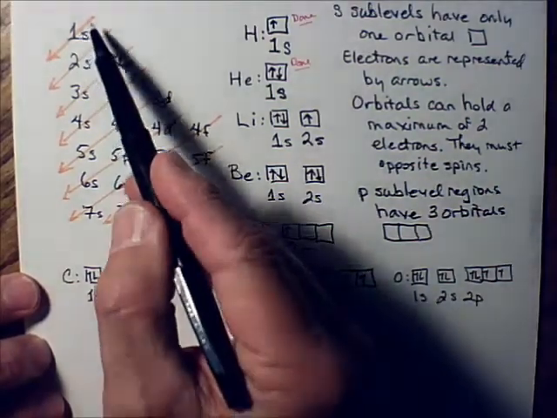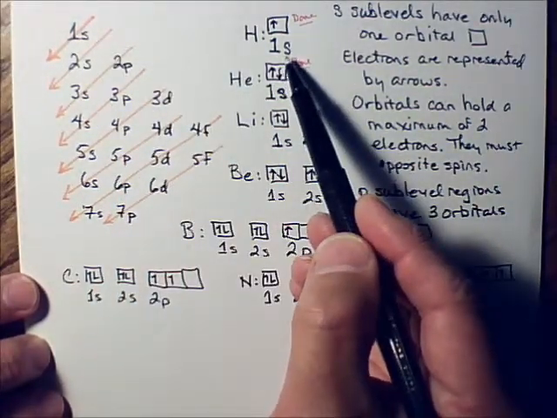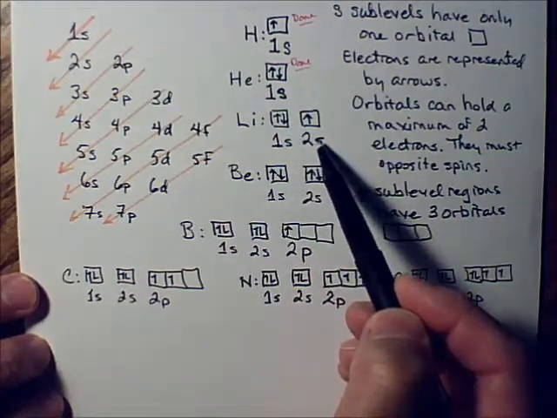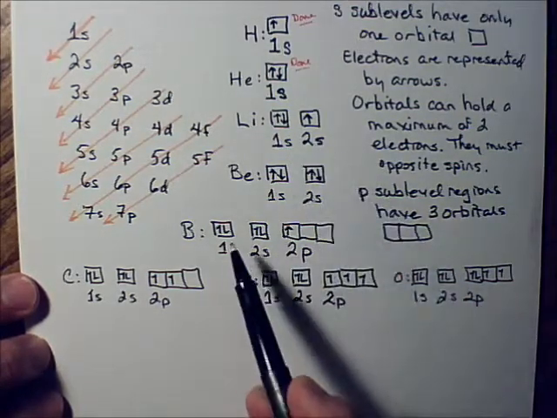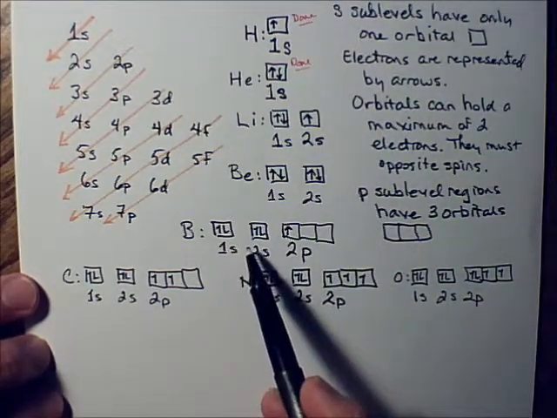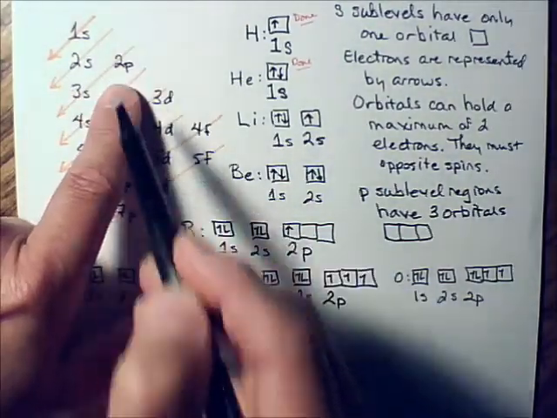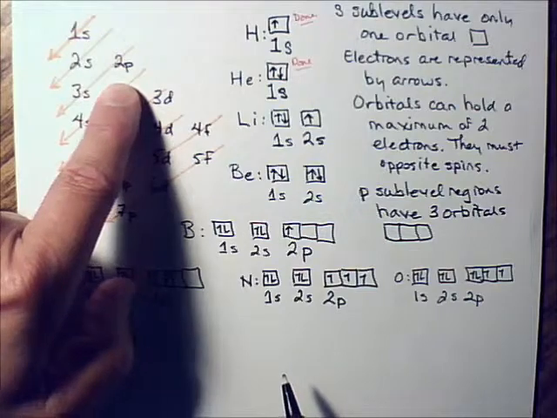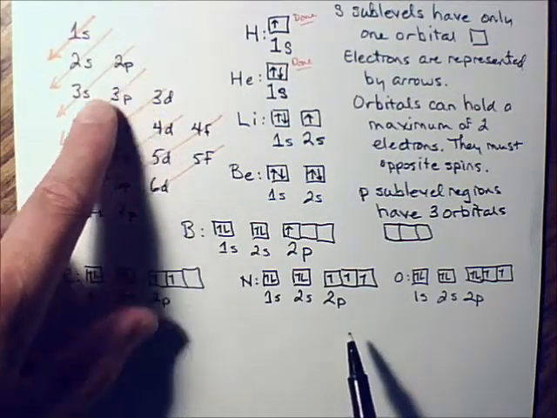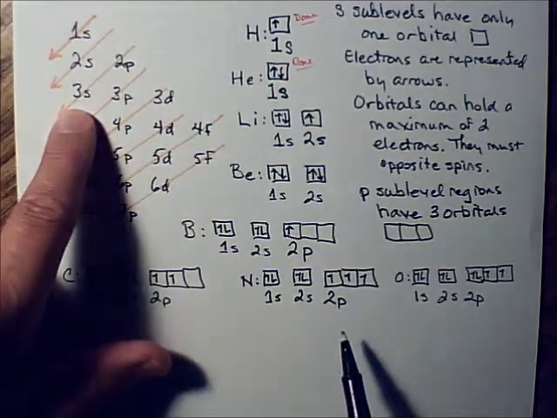Take a look. We filled up 1s first, then 2s. The next thing we came to after we filled up 1s and 2s was 2p. So 1s, 2s, 2p. And when we finish this row, we'll be in 3s.